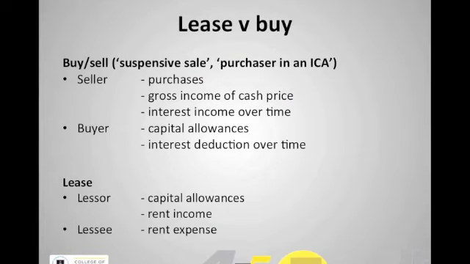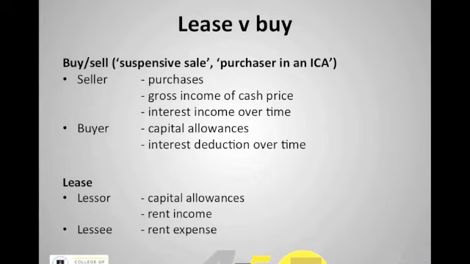Well, for income tax, if what we've got is a suspensive sale or a purchase in an installment credit agreement, the seller purchases the asset and claims a Section 11A deduction on the assumption that what they're purchasing is their trading stock. They then have gross income of the cash price of the asset when they sell it to the buyer.